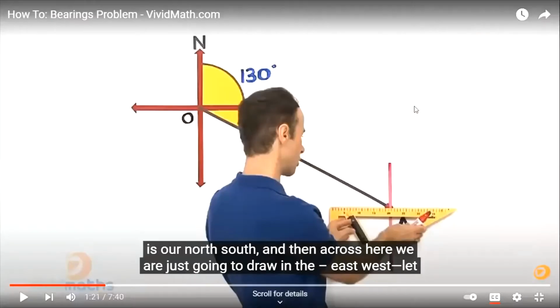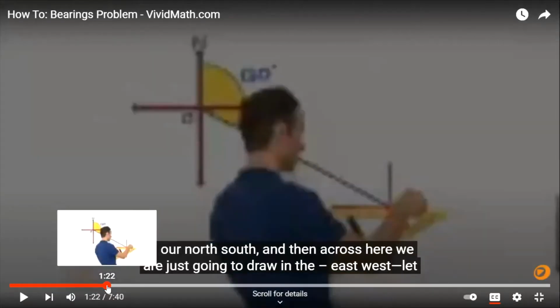And he's being very careful, students, to make sure that this line is parallel to this original north line. Both these have to be parallel, because once they're parallel, we can do mathematics. Once we have those two parallel lines, we can do some math. And you'll see what I mean as we go along.